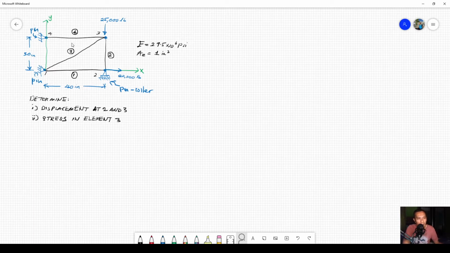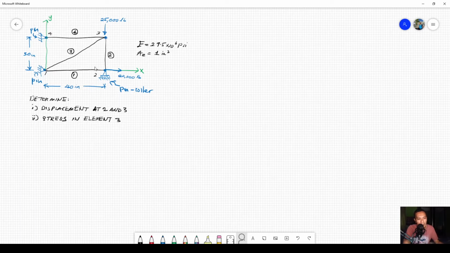Alright, now we have a plane trusses problem, where our truss structure is the one drawn using the black line here. This structure is made of 1, 2, 3, 4 elements, and it is simply supported at node number 1, node number 2, and node number 4, while node number 3 is left hanging.